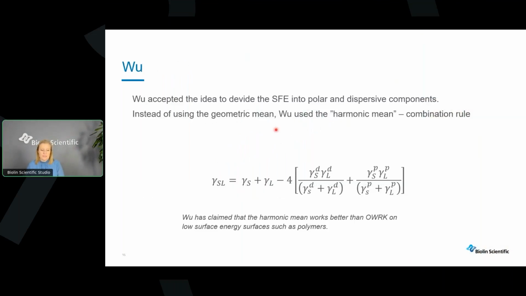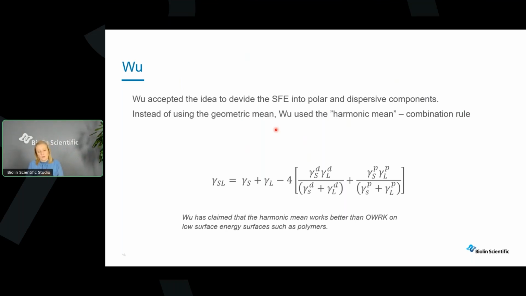I'm just going to briefly mention this one. This is what is called the Wu method. It's also used to some extent to calculate surface free energies, but it thinks about the molecular interactions at the solid and liquid exactly the same way as the OWRK.